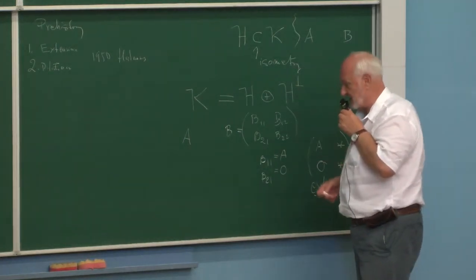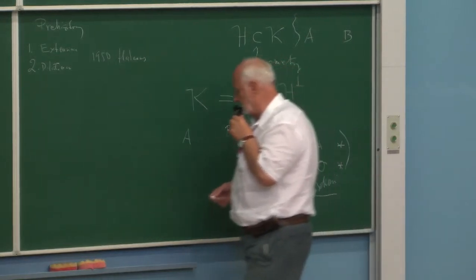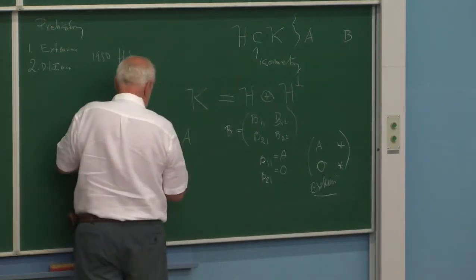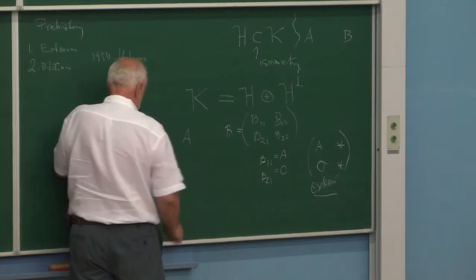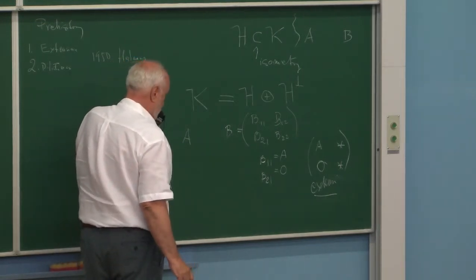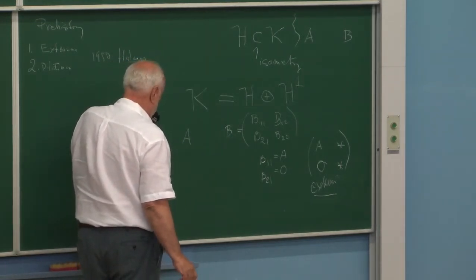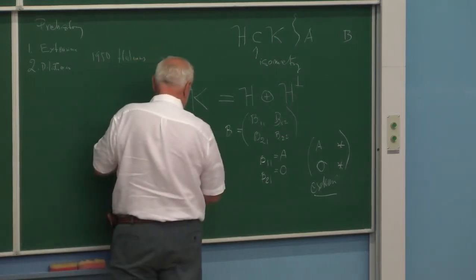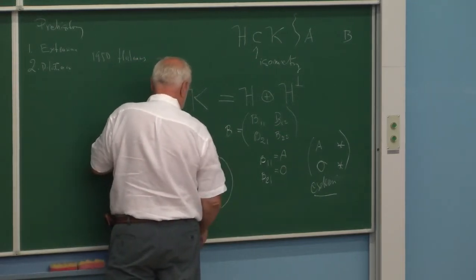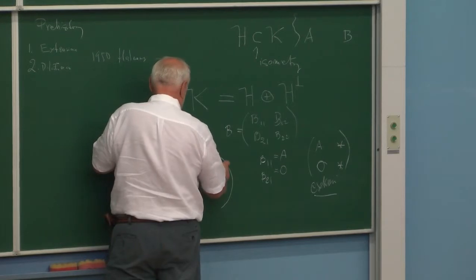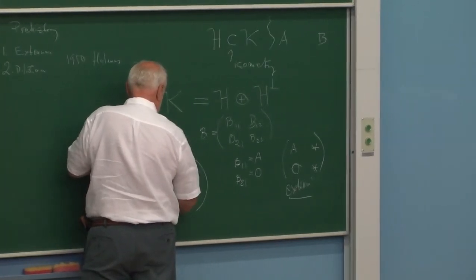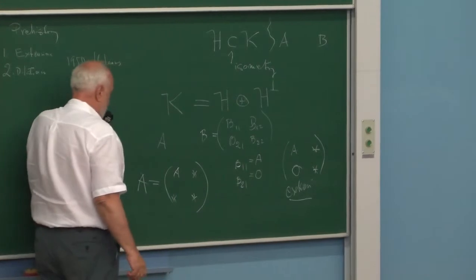What is dilation? That's a little bit more difficult thing. We want to write B as A, whatever, another whatever, and one more.